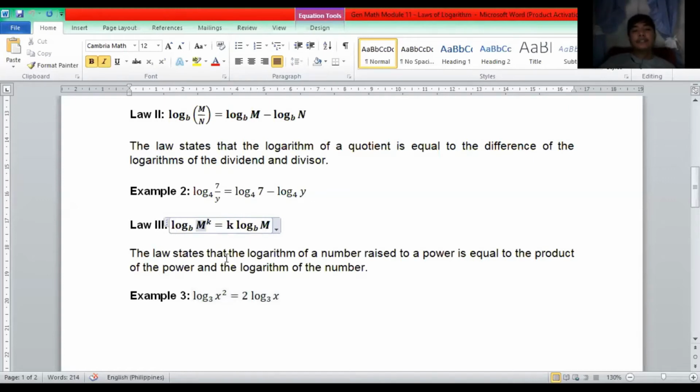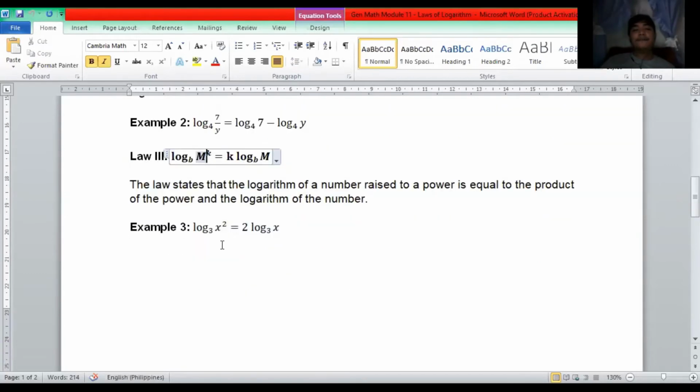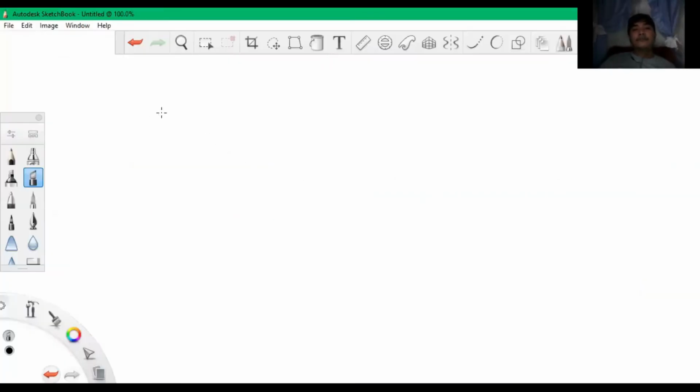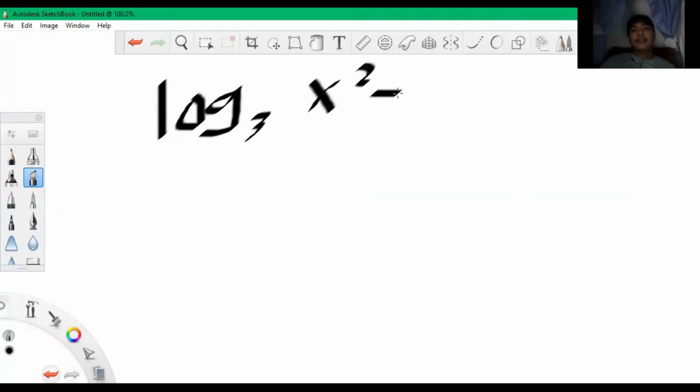So, let's have this example para mas maintindihan natin siya. So, we have the logarithm of x squared to the base 3. So, paano natin siya kukunin? Again, the rule is to get the exponent, then we write the logarithm, the base, and the answer.